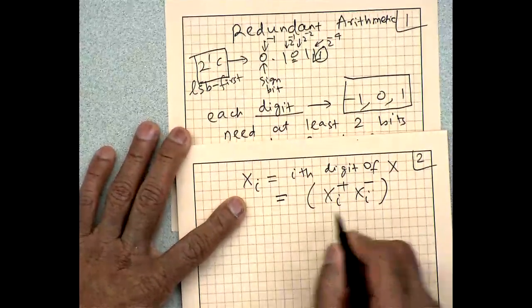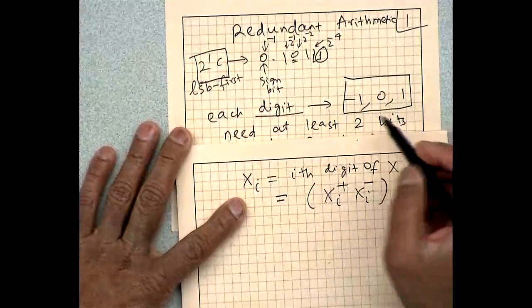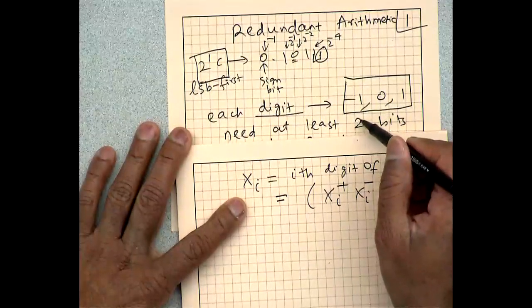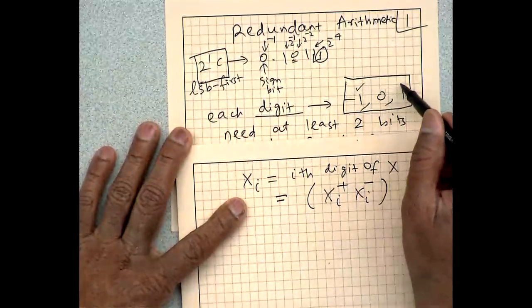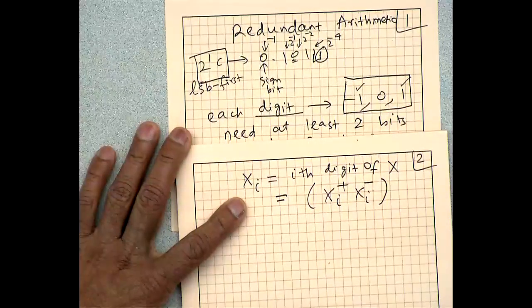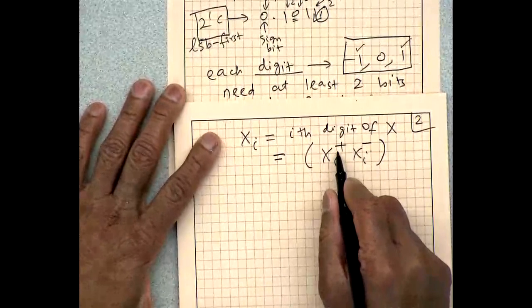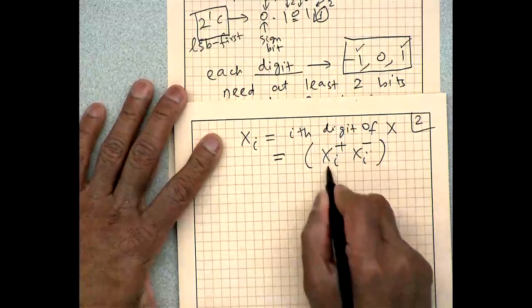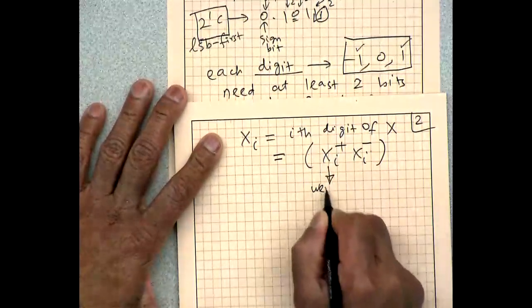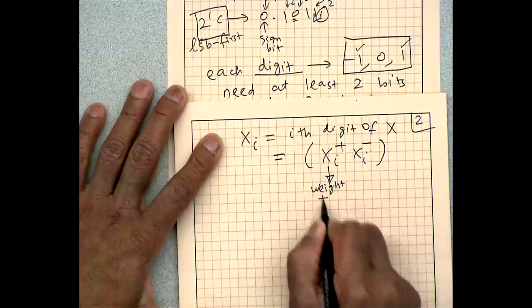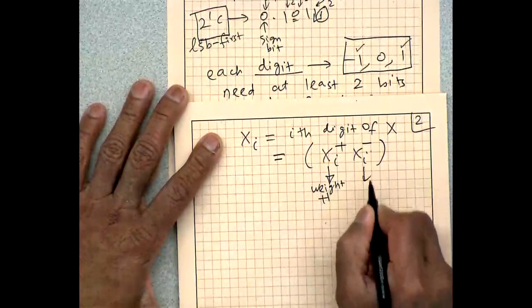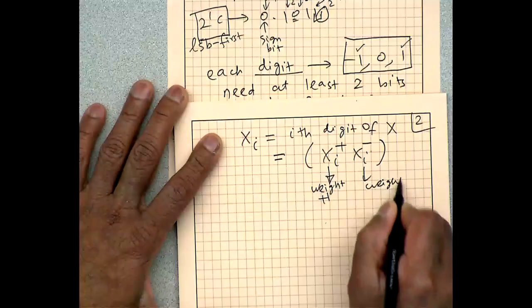Each digit needs to be represented by 2 bits. We are also saying it can be positive and negative, so I need a bit that is weight plus 1 and a bit that is weight minus 1. So this is weighted plus 1 and this is weighted minus 1.